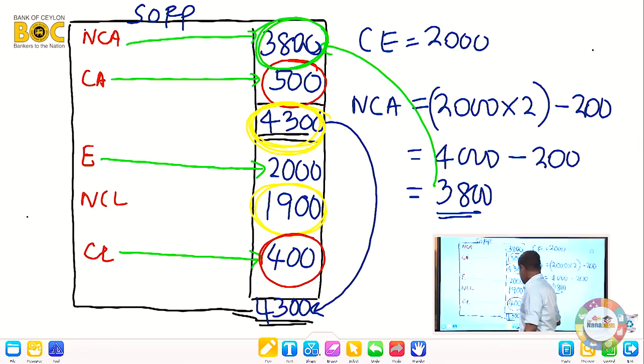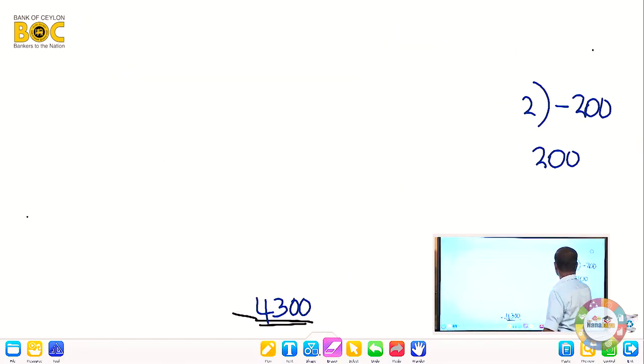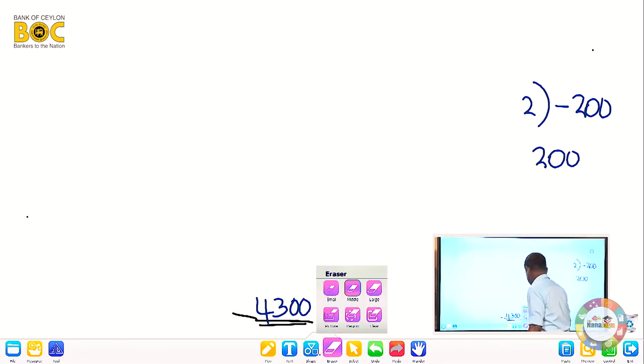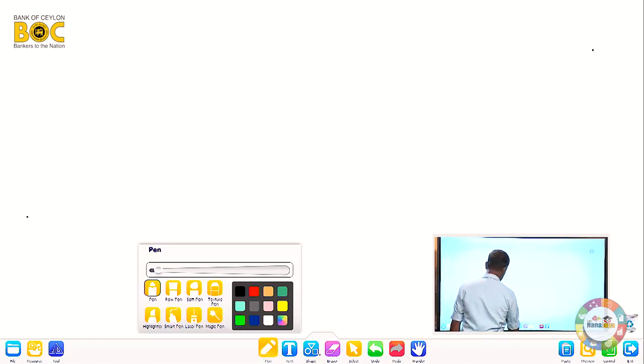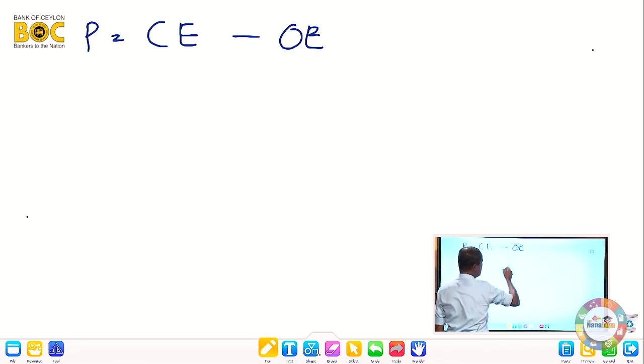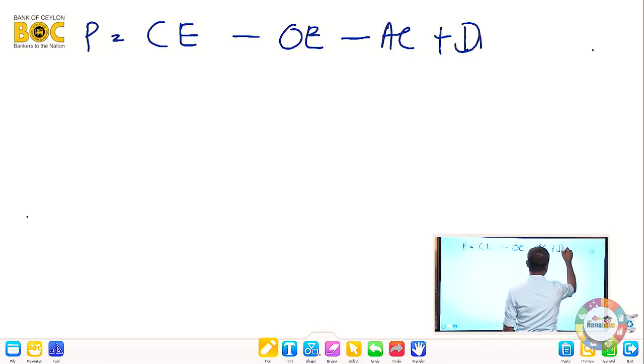To calculate the profit, you can use the income statement approach, or you can use the profit equation, the net assets approach. As income and expense details are not given, we can use the net assets approach. The profit equals closing equity minus opening equity minus additional capital plus drawings.